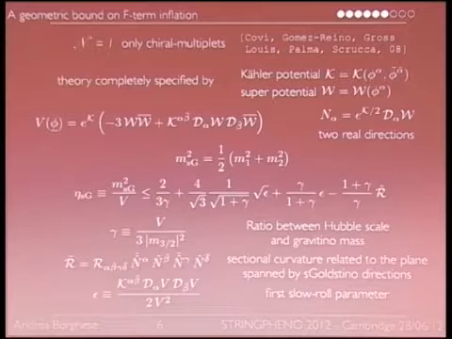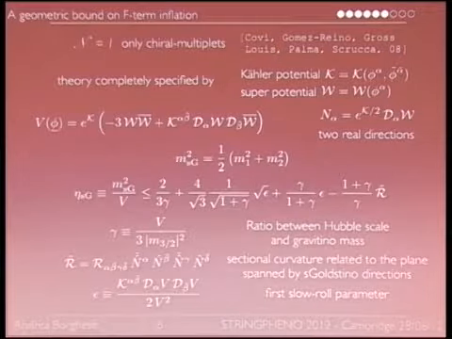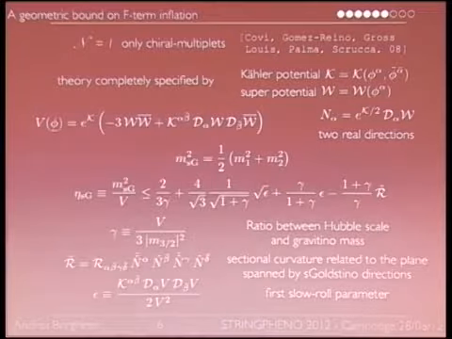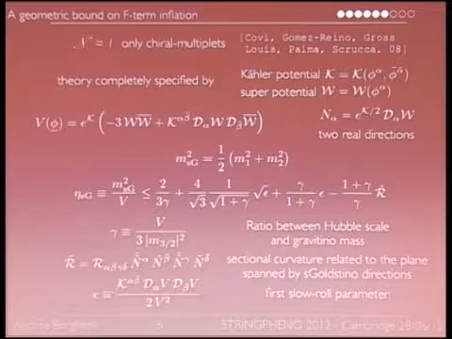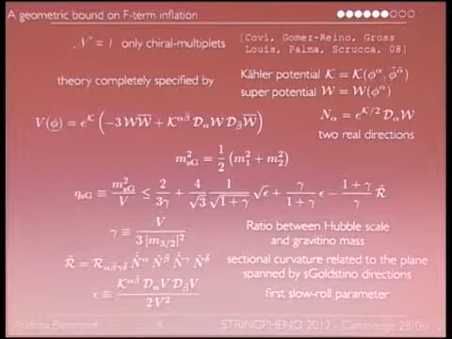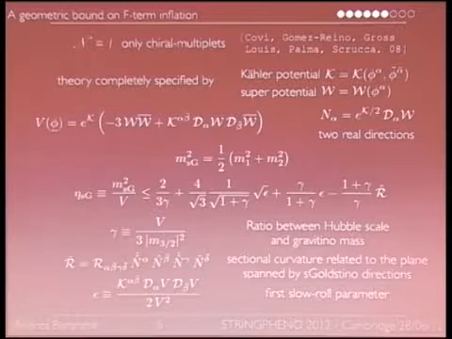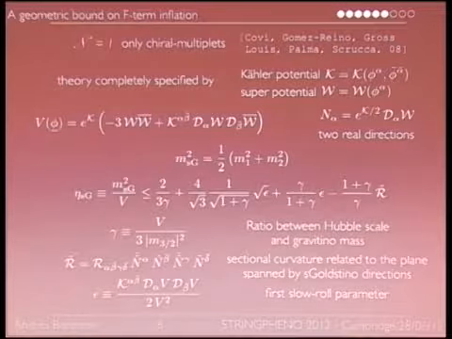And R-twiddle is a geometric quantity which is called sectional curvature. It's just a particular contraction of the Riemann tensor on the scalar manifold. And the particular contraction is taken along this sgoldstino direction. And then all these quantities are arranged in the bound I presented.